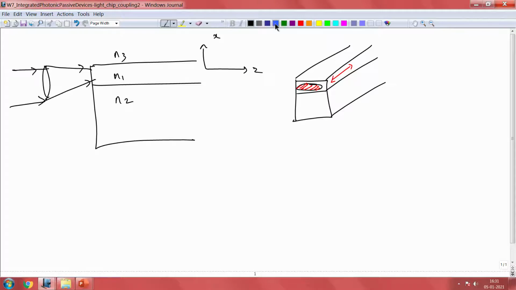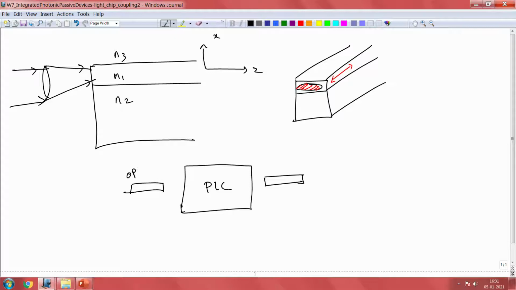When we are having such a system, one thing that we should look at is when I take a chip, let us say this is a photonic IC, I have optical fiber input and optical fiber output. So, there is an input and there is an output.